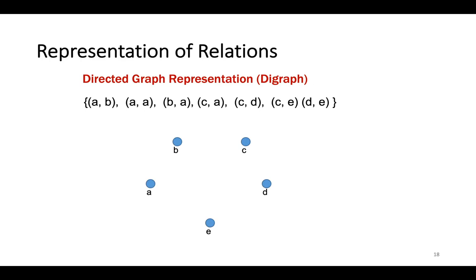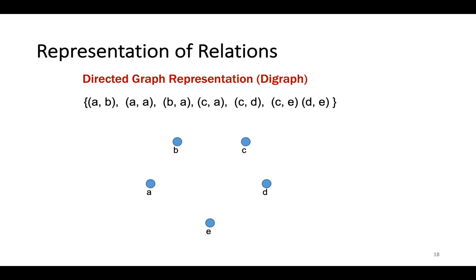And so here is the directed graph, simply digraph. We have the original representation as a list of pairs. We can simply write down this edge in this node.